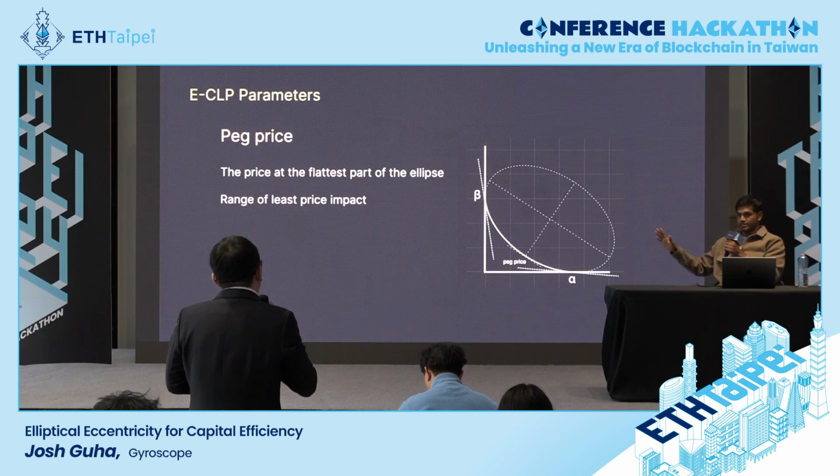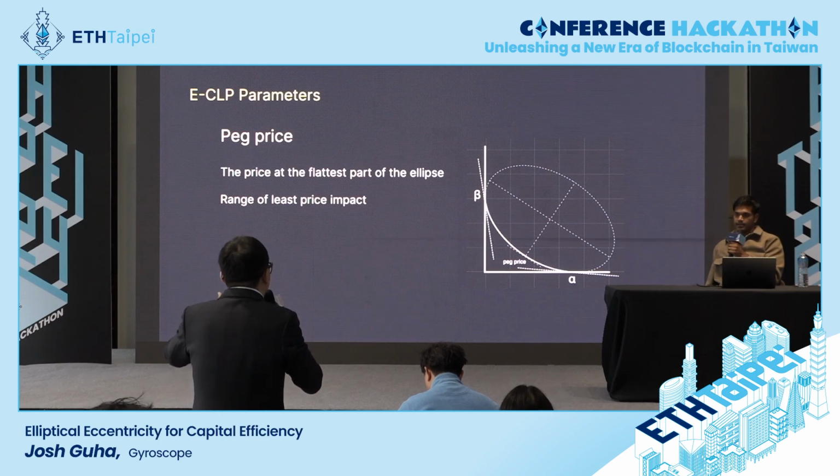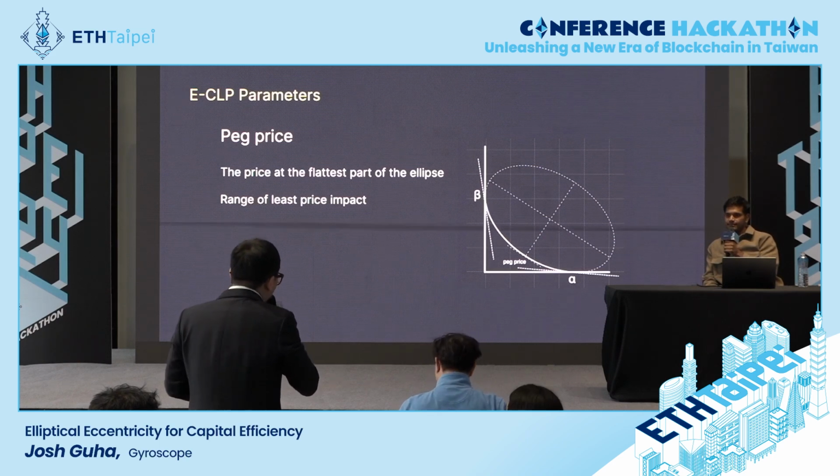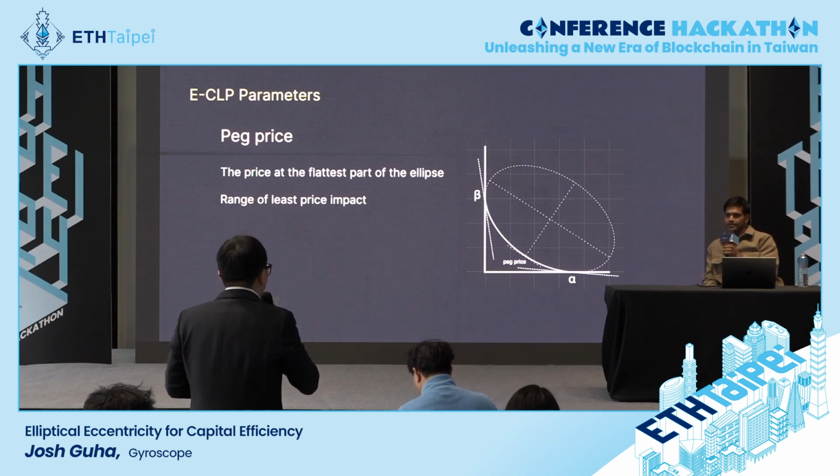But you can still change it so that it could be more than 1, less than 1, however you like. So will it always be changeable in your smart contract? Right now it's static upon pool construction, but we're working on dynamic ECLPs where these parameters can be changed and updated.